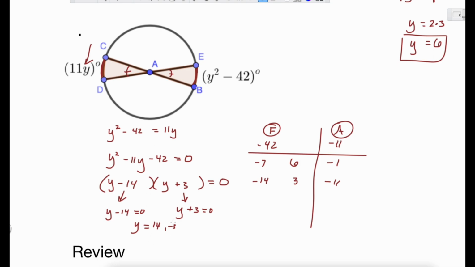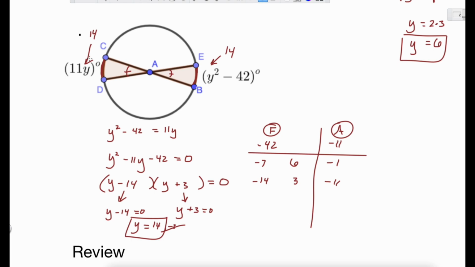So in this case, I think we're going to just use 14 for these right here. This clearly is not to scale.